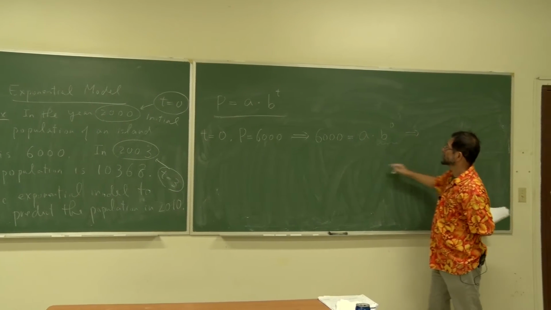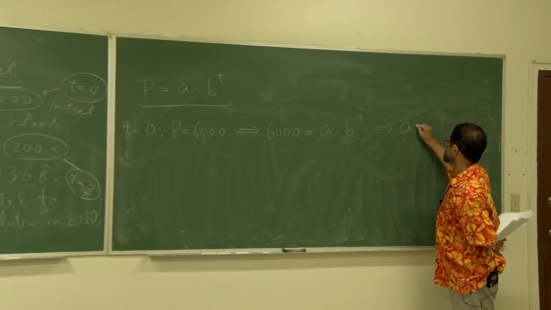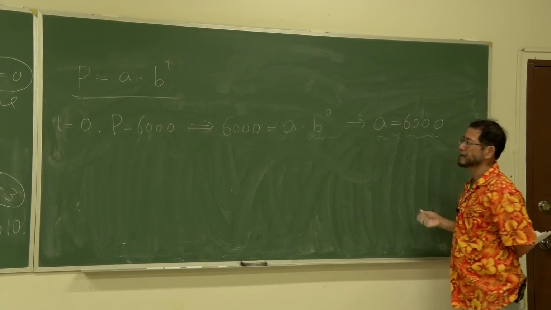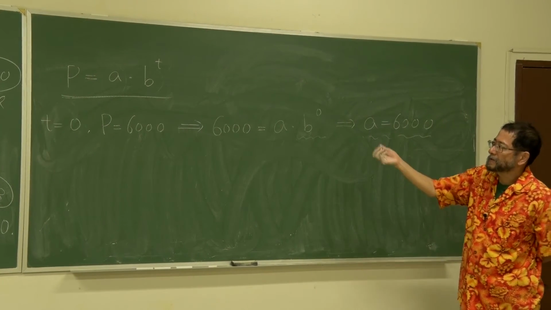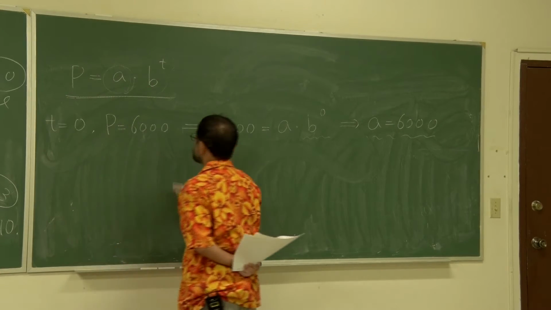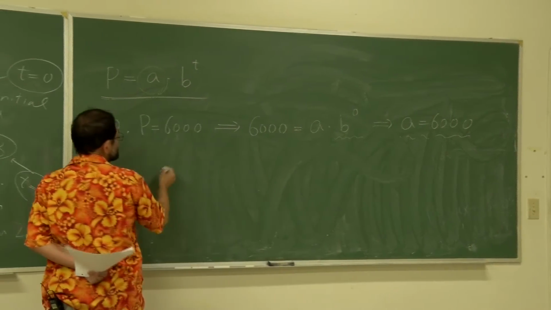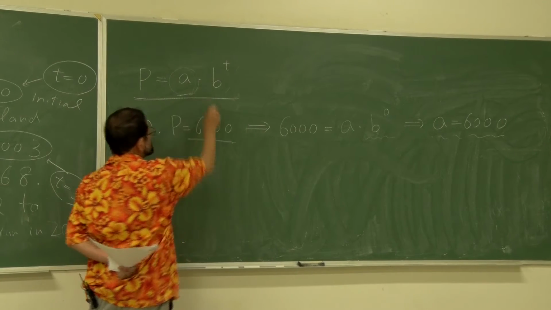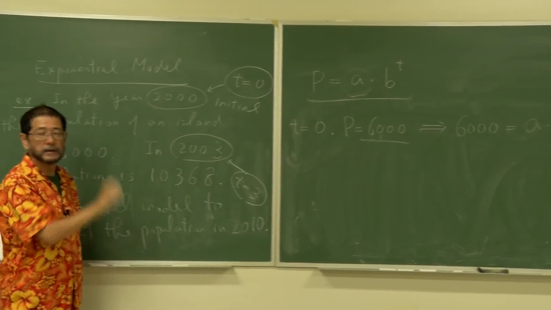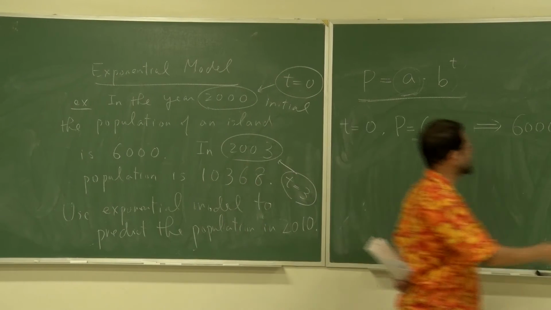So that's why this simply says that a is equal to 6,000. Remember, this a is actually the initial value. So you can do the shortcut and immediately see that 6,000 is the initial population. You plug in 6,000 for the a.